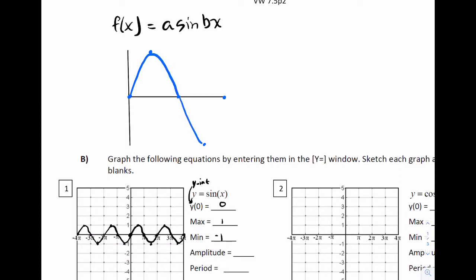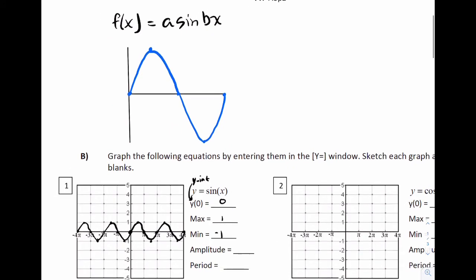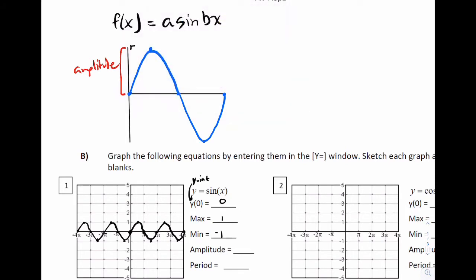That's going to be a typical sine wave. Now the amplitude is going to be right here. Think of it as the height of the wave. And then the period is going to be right here. That's 1 period.